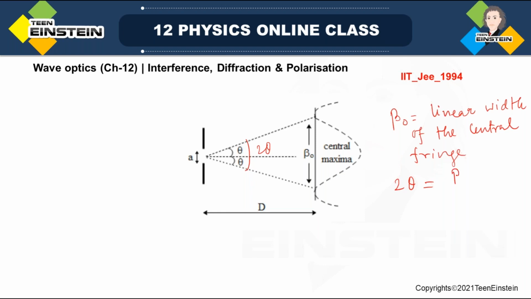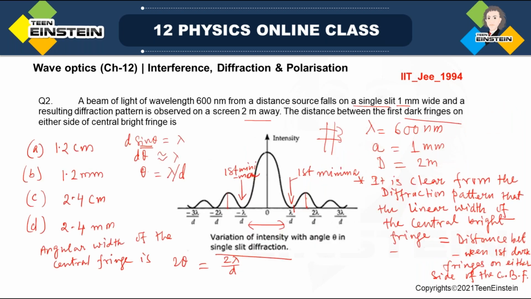So beta 0 by D is the angle, so beta 0 is 2 D times theta, and theta is lambda by d, so we have 2 D lambda by d. I should not write d, we are a little habituated to write d, we will be writing a here. So here also it will be a, not d.